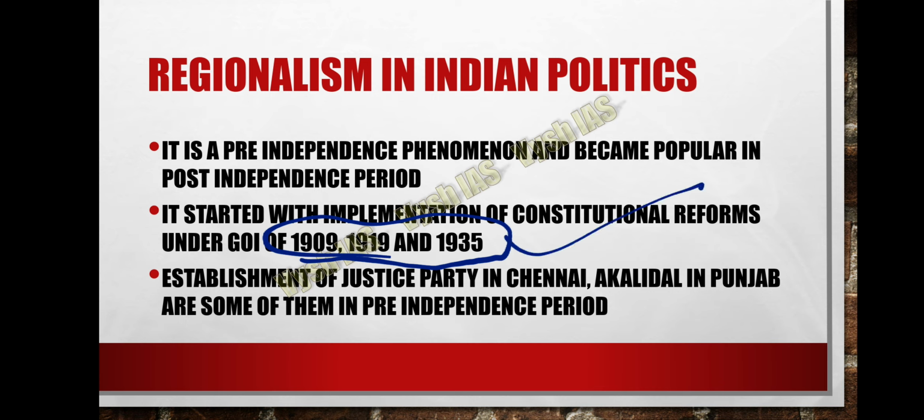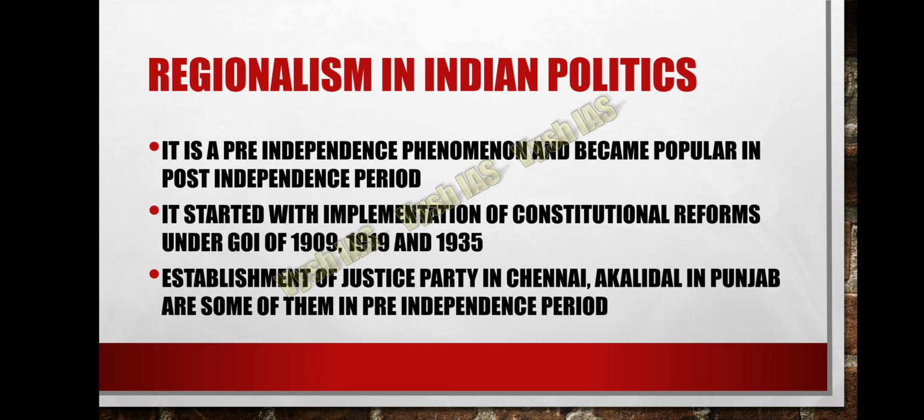If you have read the polity acts, you will know about it. You can also see it in the establishment of the Justice Party in Chennai and Akali Dal in Punjab. These are some of the examples of regionalism in the pre-independence period.